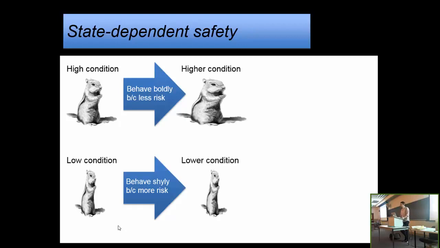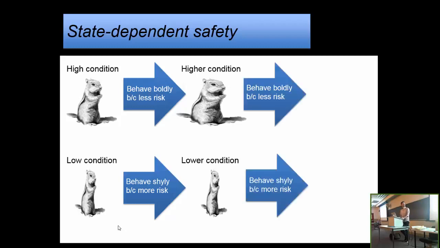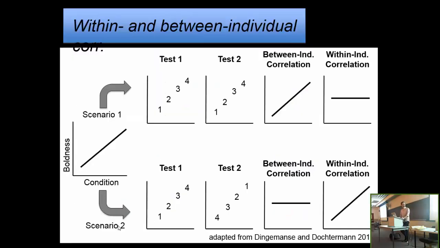And so that individual in high condition ends up in higher condition, a really fat squirrel there, and that other individual in low condition ends up in lower condition. And as this feeds back, you then might expect a positive relationship between boldness and condition. And so thinking of this in terms of between individual and within individual correlations, we have an idea of what direction we might see for a relationship.